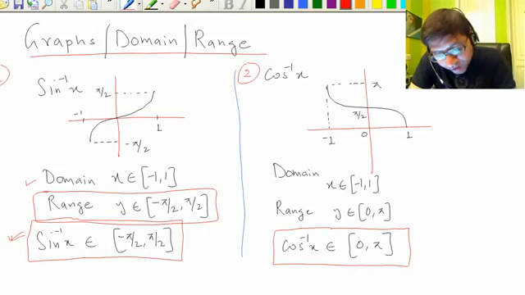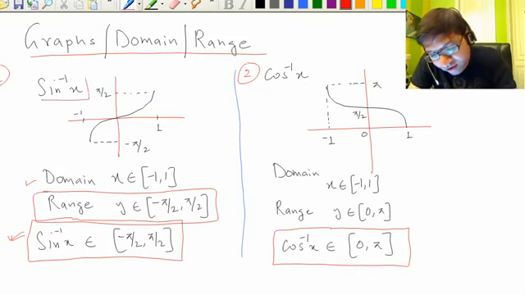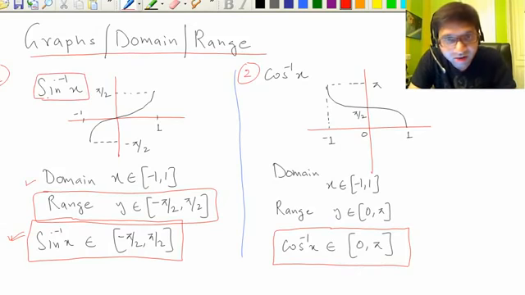And the domain: x cannot be outside minus 1 and 1, because the sine ratio lies between minus 1 and 1. By definition, sine inverse x is an angle whose sine is x. This is how we read it. It outputs an angle.